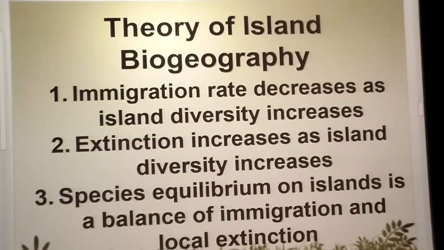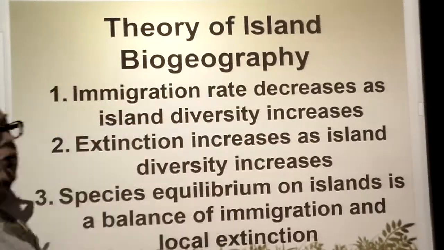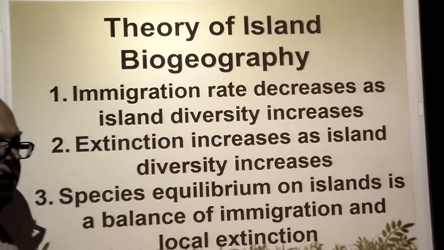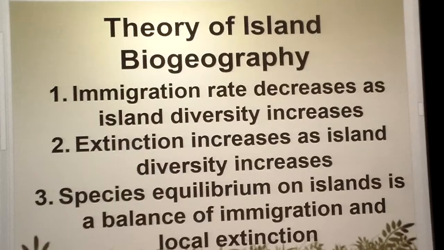And when we talk extinction, we're talking about everybody dies on that island. Okay? So extinction for a species will likely go up as the island diversity also increases because everybody's competing. So that means ultimately, on an island, you have to have a balance between immigration and extinction.